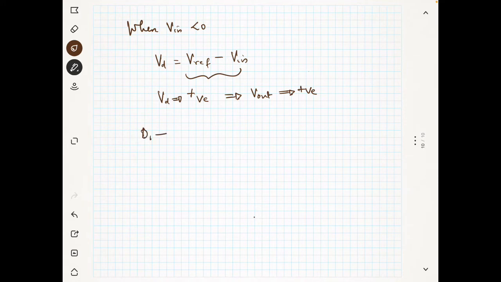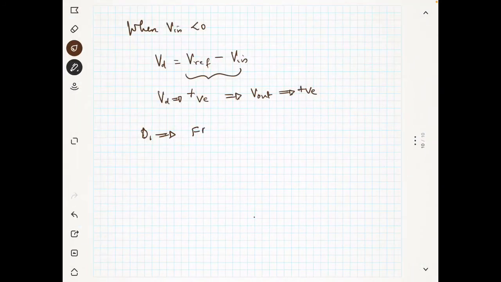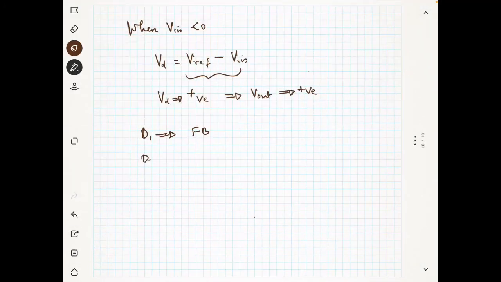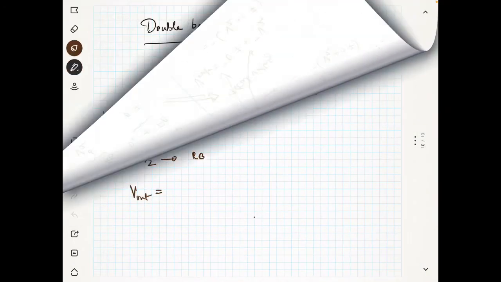Diode D1 is positive and negative, it is in forward bias, and diode D2 is in reverse bias. So what is V out? It is nothing but the voltage across these two diodes, because this is also ground. That's why we are measuring like that. This is like a ground because of the virtual short due to feedback.